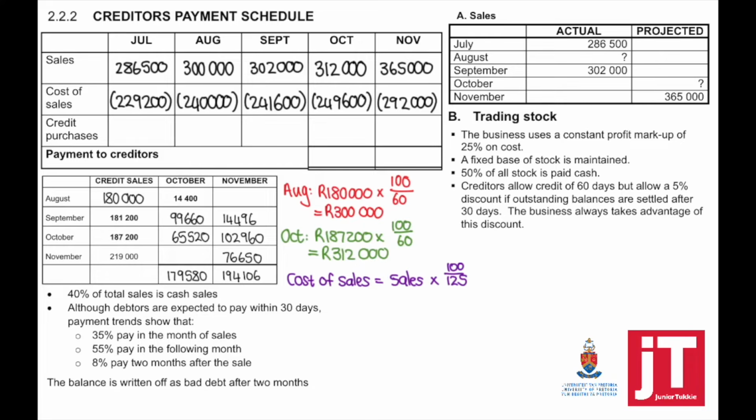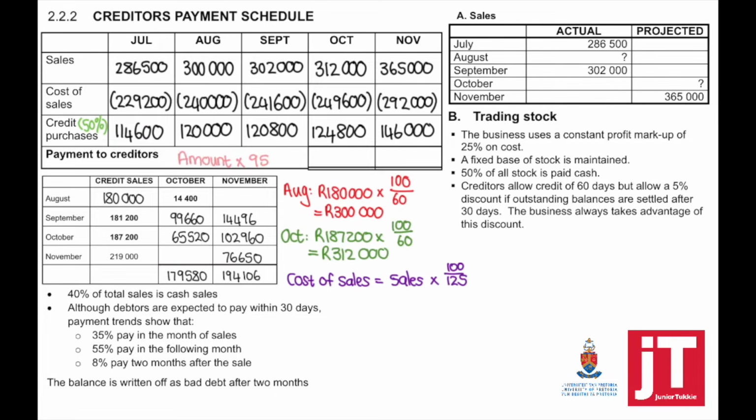The next step is to find the credit purchases. Now, 50% is cash, which means 50% of purchases is credit. We need to use the total cost of sales, and every time we're going to times that by 50% to find the credit purchases for each month, for July, August, September, October, and November.